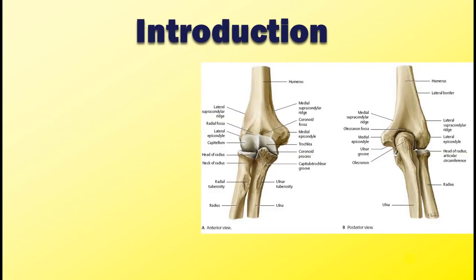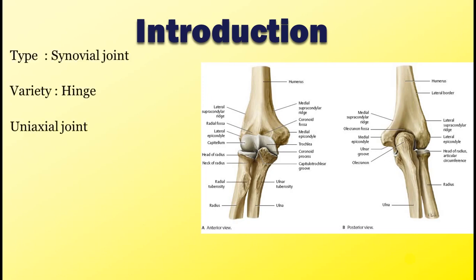Now, coming to the elbow joint, it is also called the cubital articulation. It is actually a compound joint because more than 2 bones are involved, so it is also called the cubital complex or the elbow complex.